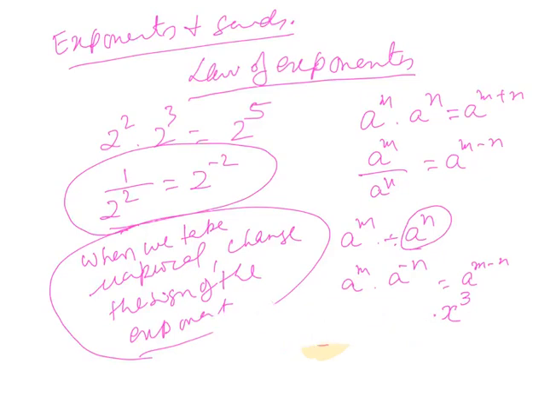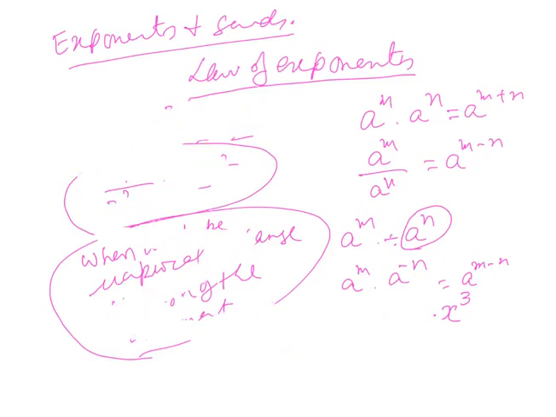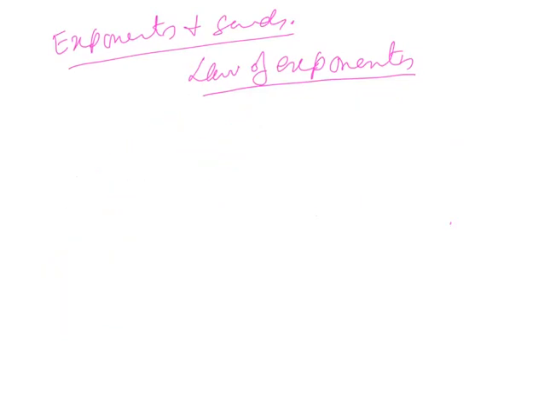Then we have the law that involves brackets, and that is 3 squared to the power of 3 will give me 2 times 3, which is equal to 6. So it's simply multiplying; the brackets distribute. Here you see the base is 3 to the power of 2.